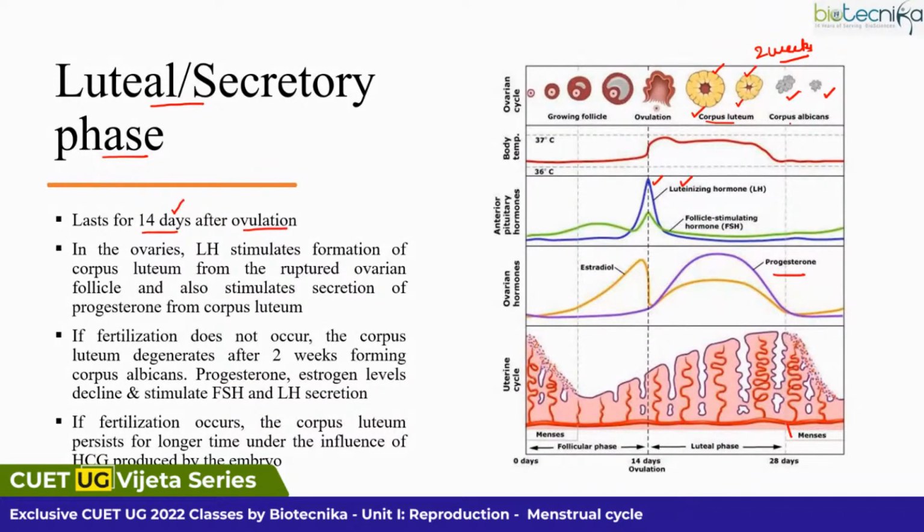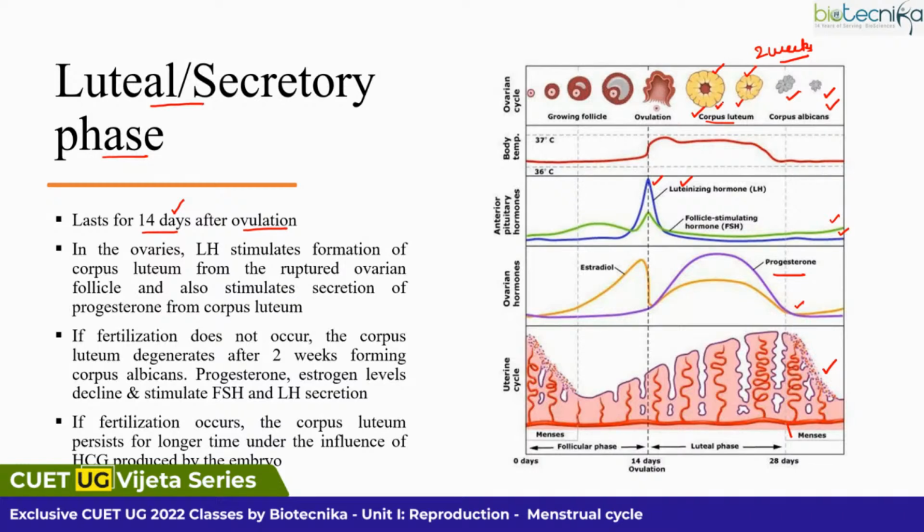Progesterone and estrogen levels will decline once this corpus albicans forms. So you can see the progesterone and estrogen levels will decline, and now FSH and LH secretion will take place. Means the further menstrual cycle will occur. The continuation will occur after the luteal phase. Next, the menstrual phase will occur, means again these endometrial cells will be shed out. But this is only when fertilization does not occur.